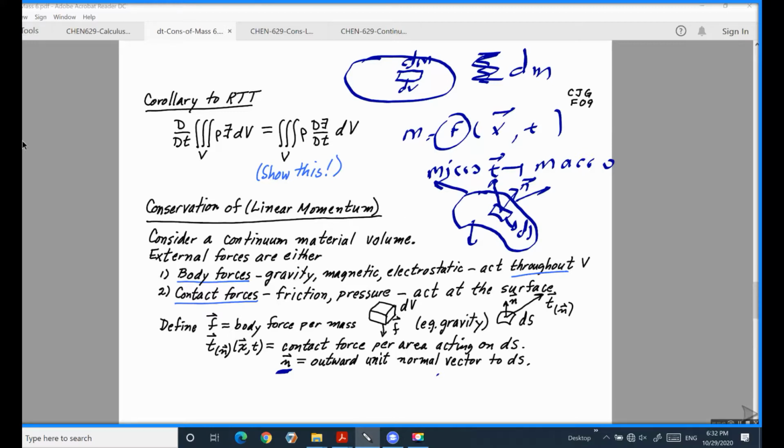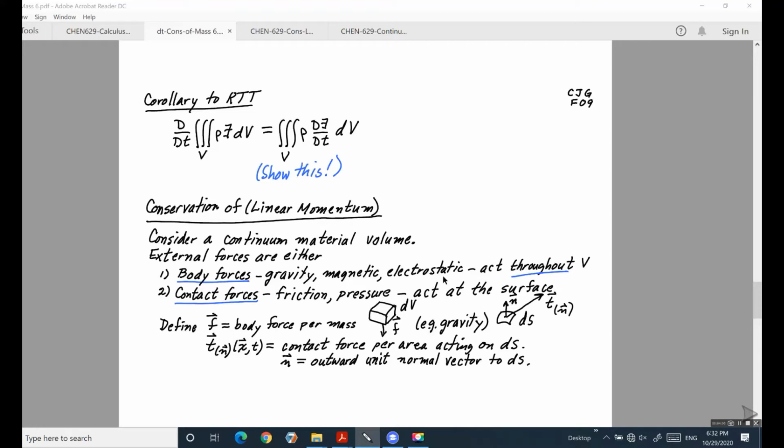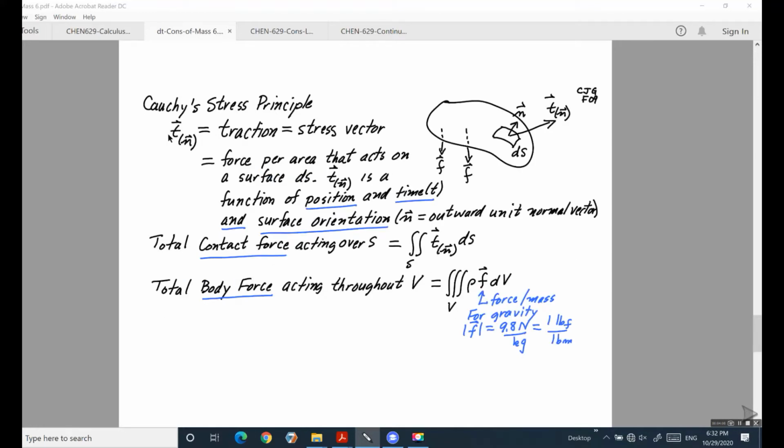If you go to the other slides again, you have your control volume here and your unit vector, and the contact forces like friction and pressure. We can call this vector acting on the control surface the traction or stress vector. This is the force per area that acts on the surface dS, and this is also a function of the position and time, and of the surface orientation at the end.